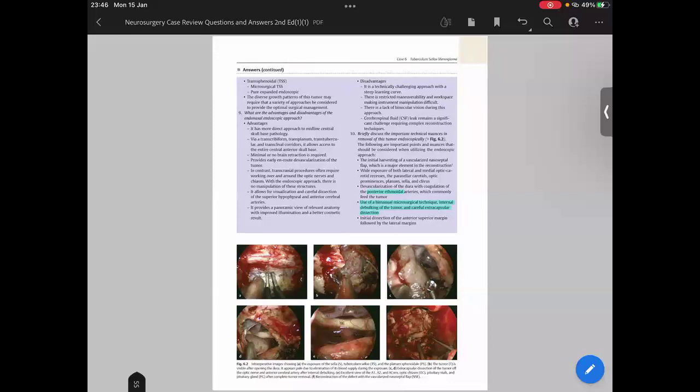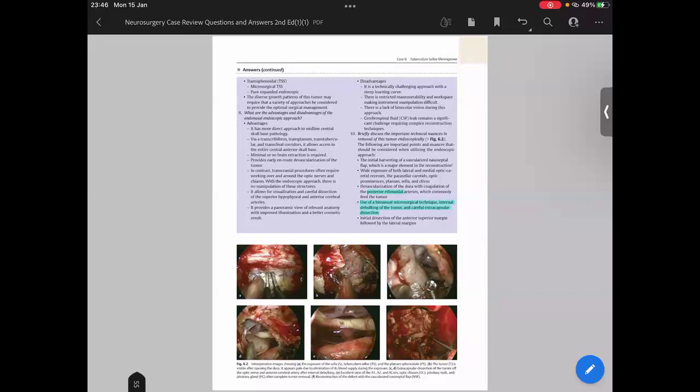Though this will require more bone work, and more bone work comes with more opening of the skull base. Hence, sometimes you may have to do some skull base reconstruction. And then the risks of CSF leaks may come in later. Then minimal or no brain retraction is required during this approach, and it provides an early en route devascularization of the tumor.